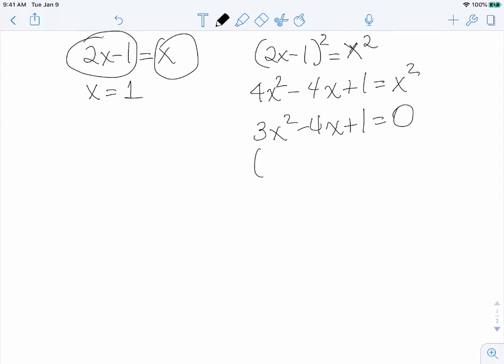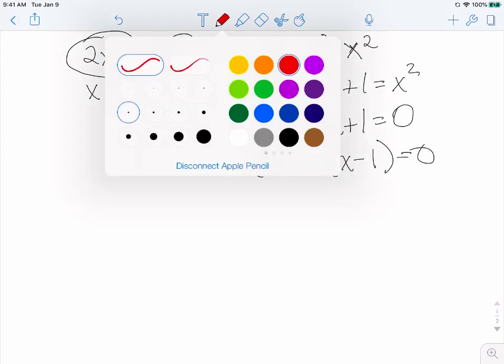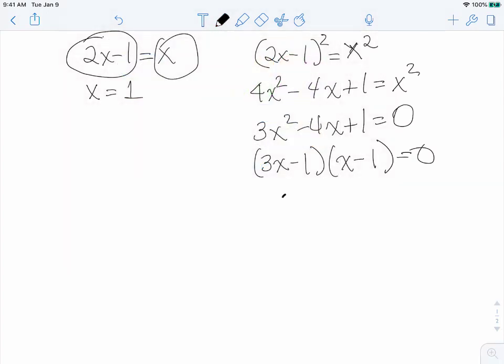And that factors into 3x minus 1 times x minus 1. We see that x is 1 or 1/3.